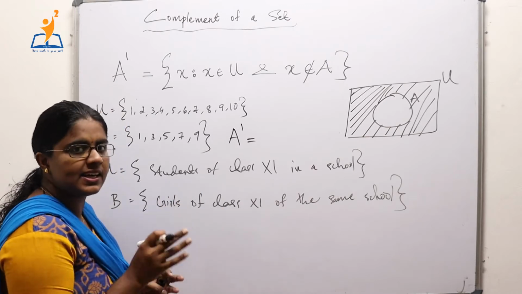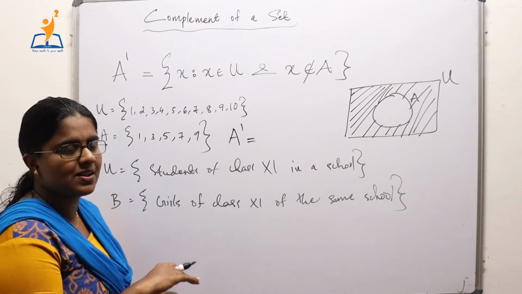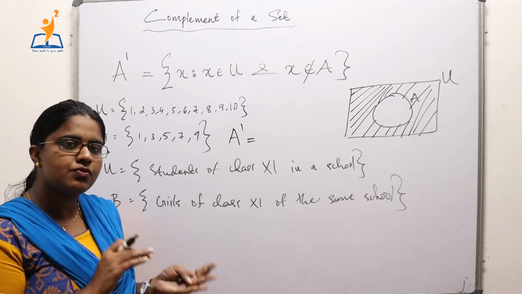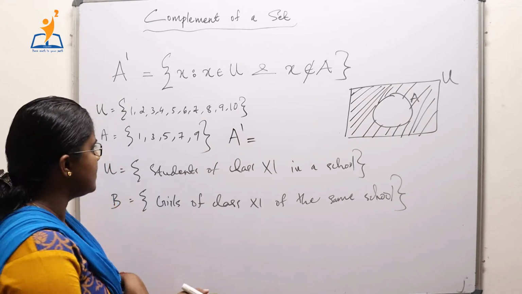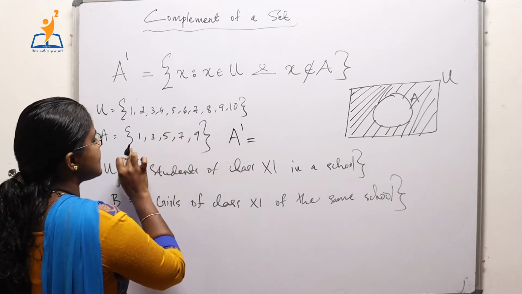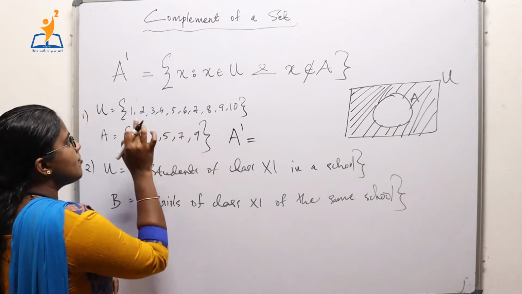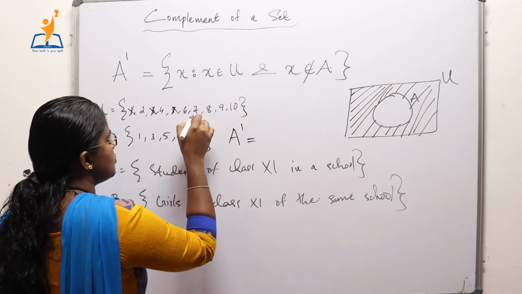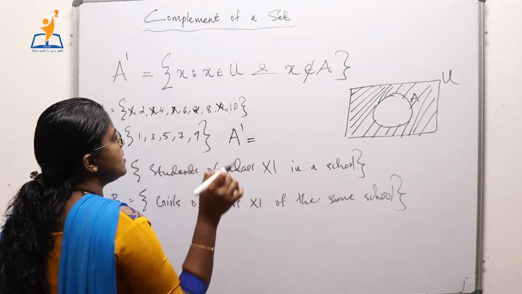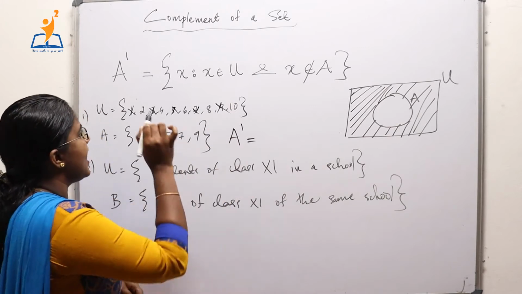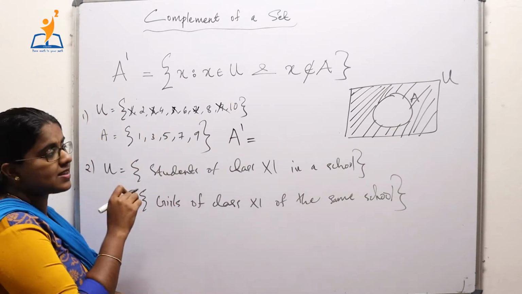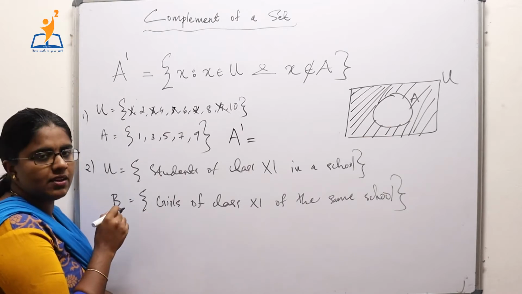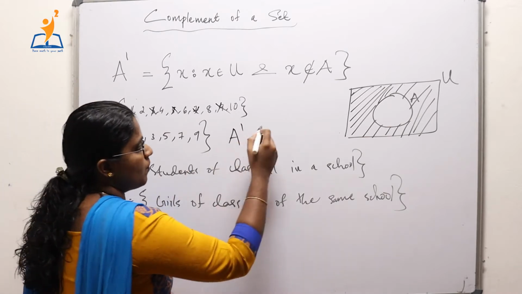We have already learned what is the difference of two sets in our previous class. So U minus A is the set of all elements of U which are not in A. So we want to eliminate the elements of A from U. That is 1, 3, 5, 7, and 9 should be eliminated, and the rest of the elements in U are the elements we require in our A complement.